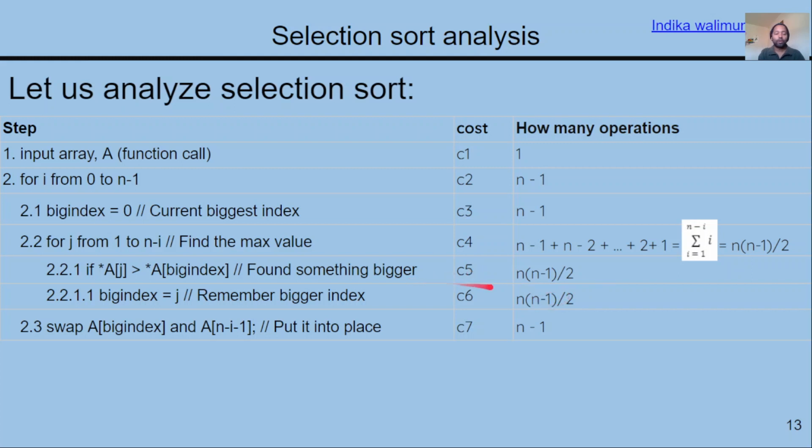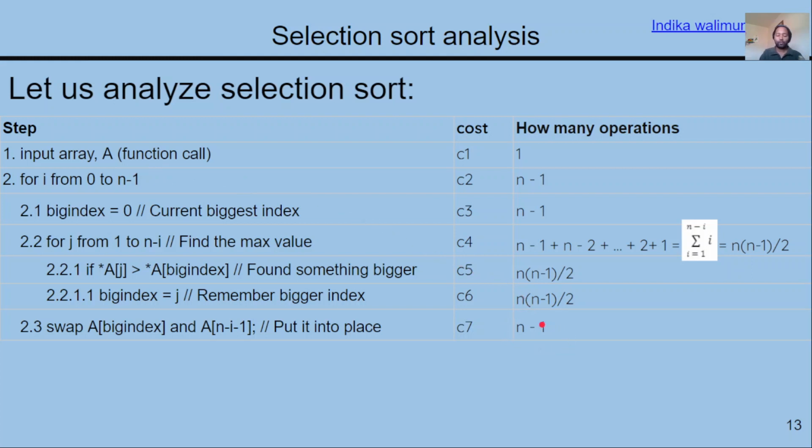At the end, once we found the big index, we swap the big index with the one next to the last item, from the end. So we are putting the biggest value at the end. How many times are we going to do that? N minus 1 times again.